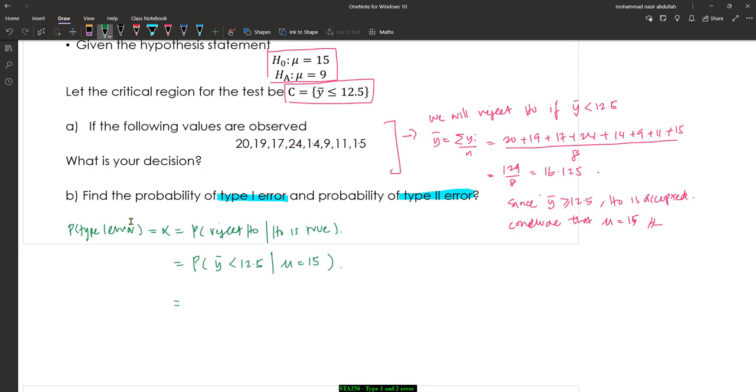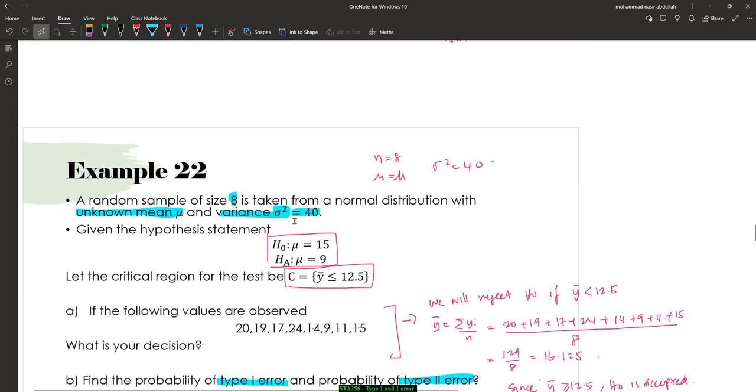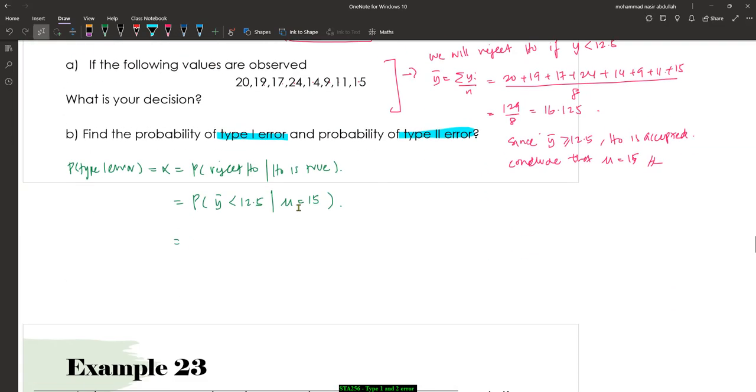Reject the null hypothesis when the null hypothesis is true. So this is a normal distribution problem, right? So this one should be the probability of y bar minus mu divided by sigma over square root of n.